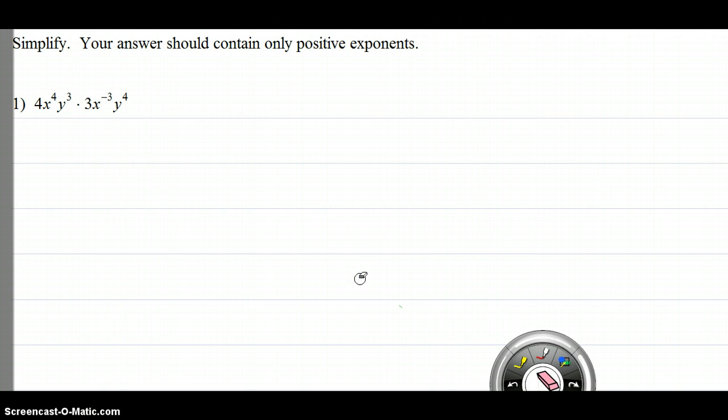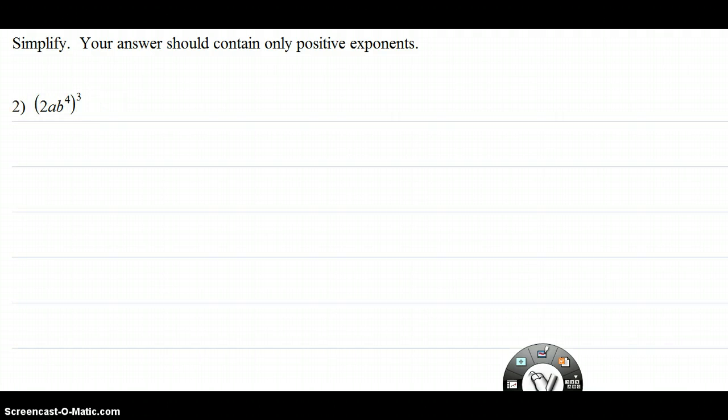So let's kind of divide these up. First of all, let's take care of our numbers. For multiplying, we get a 12. For variables, we add our exponents. So 4 plus a negative 3 would be a 1. And y, we'd get a 7. And that's all the further we want to go with problem number 1.